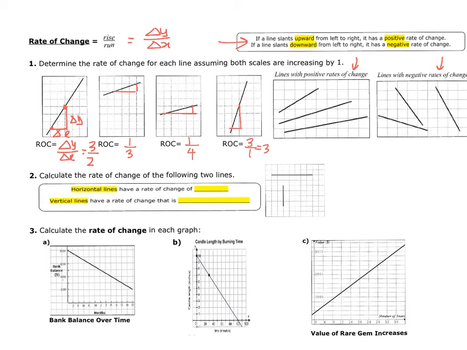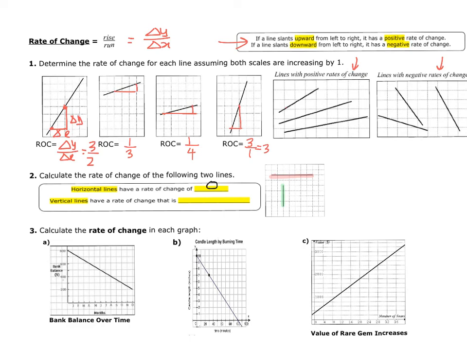Now we're going to talk about horizontal and vertical lines. What's a horizontal line? A horizontal line is a line that lies flat on the ground, and a vertical line is the line which is not flat. So if you look over here on the side, this is a horizontal line, and that's a vertical line. Now, horizontal lines have slope 0, or in other words, rate of change is 0, because there is no delta Y here.